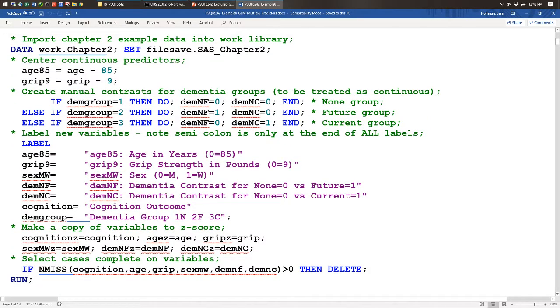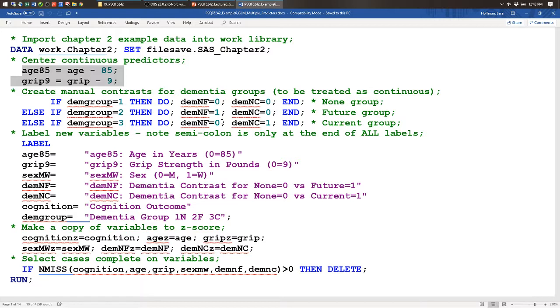Creating the variables that you need to go in your model is always the first step. The quantitative predictors I have centered at values near the middle of their distributions. There's an expression for centering, often referred to as grand mean centering. Have you heard that before? Grand mean centering is probably the most common, where they literally use the grand mean as the centering constant.